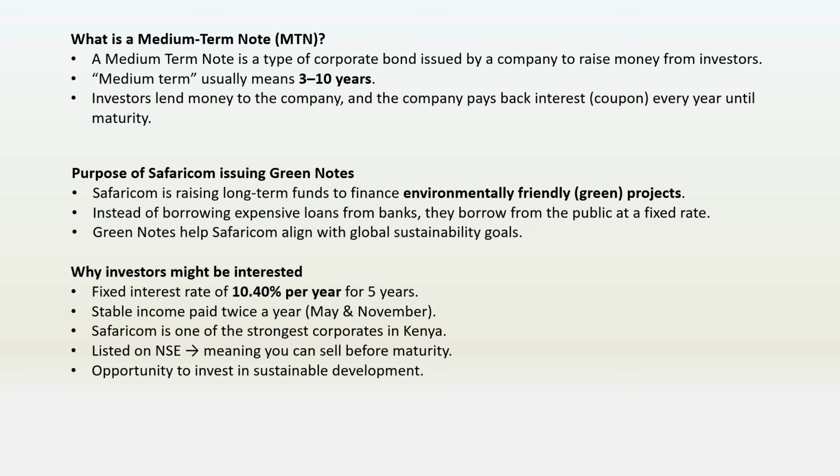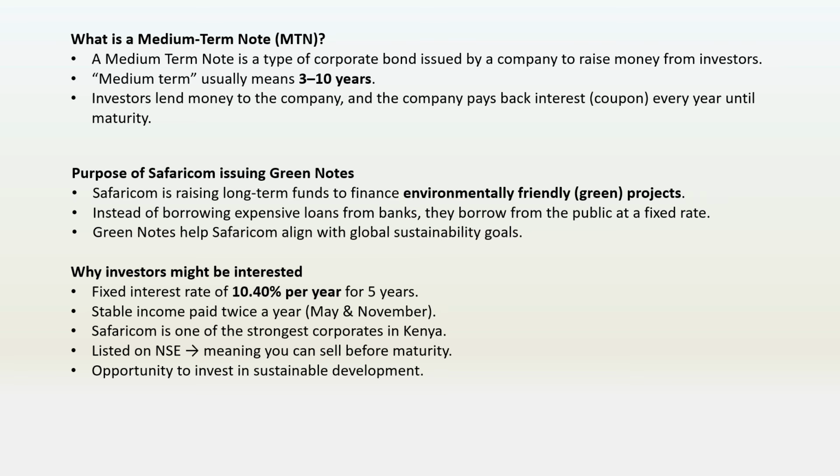We had here the EABR bond, which has already been included in your CDSC account. If you have not received your allocation, make sure to contact Image Registrar. They are the ones who have been handling that. So investors lend money to the company, then the company pays back interest. That interest is called coupon every year until maturity.